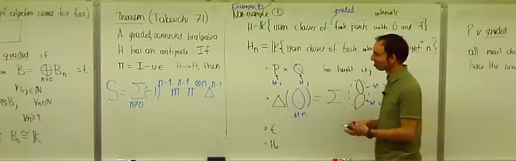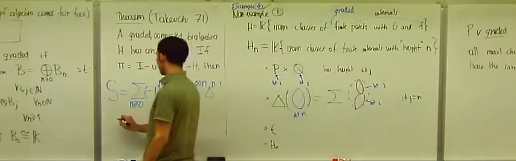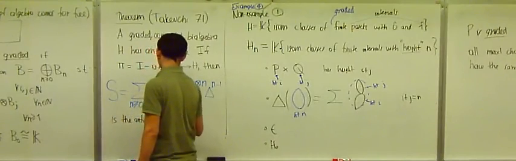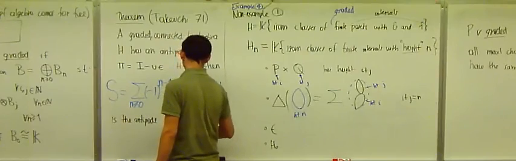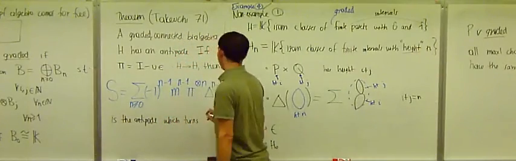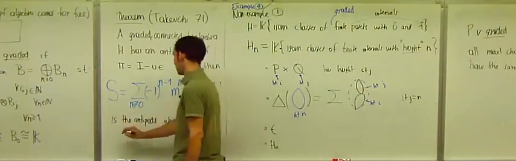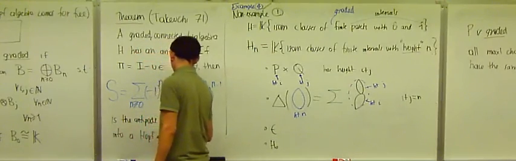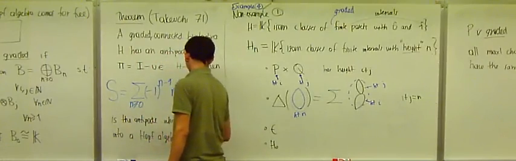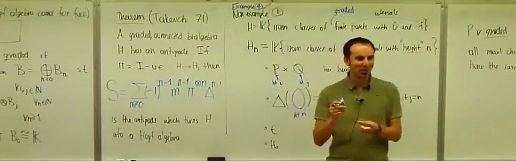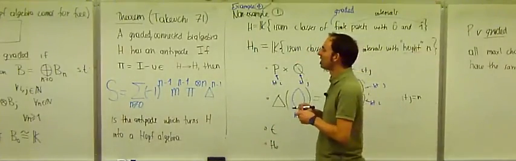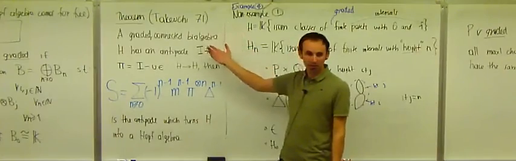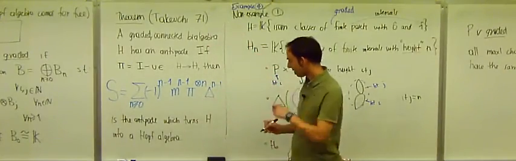It's some explicit formula. Okay. This is the antipode, which turns H into a Hopf algebra. I hope you come to know and love this formula. It is very nice that it's very explicit. Given this very general setup, you're graded, you're connected, you would get this explicit formula for the antipode. Okay.